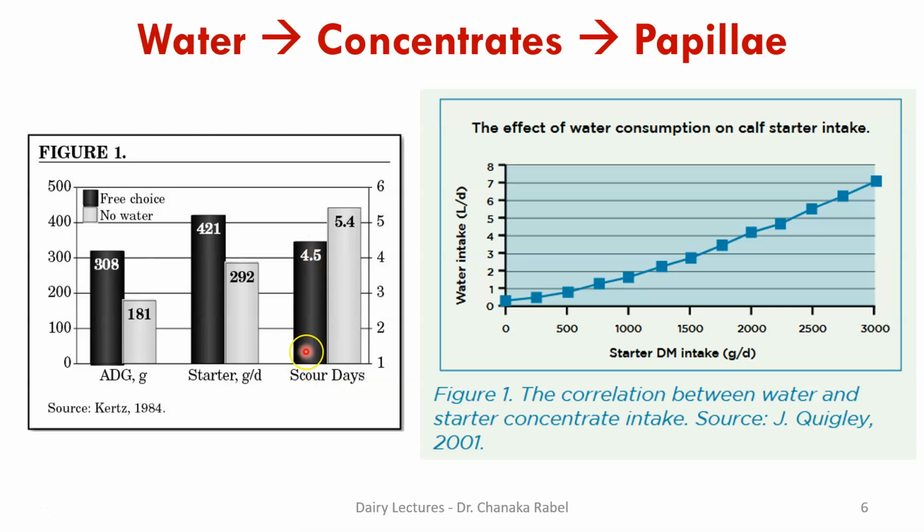Again, that was lower in the group that received more water compared to the group that received less water. This is also a misconception certain farmers have. They say, sir, when we give more water, the calf develops diarrhea. Now you can obviously see that is not the case here, right?